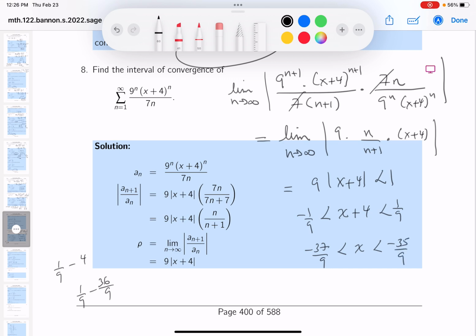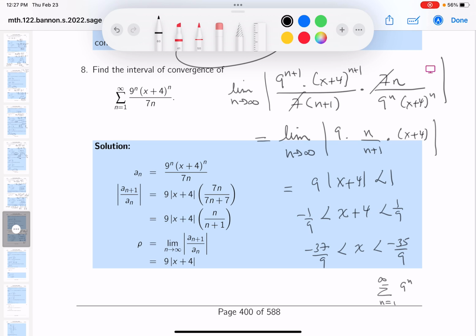All right? So what do you do now? You have to look at the endpoints. And there are 2 endpoints to look at. Let's write it down. Let's do the right one first. It's going to be the sum from n equals 1 to infinity of 9 to the n times minus 35 ninths plus 4. I've got to be careful here, right?